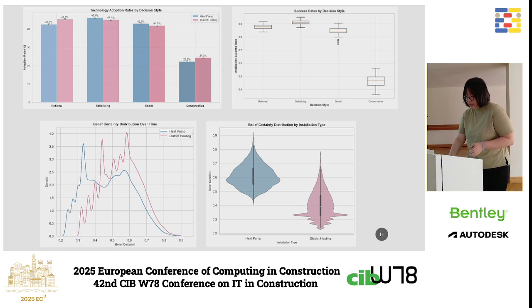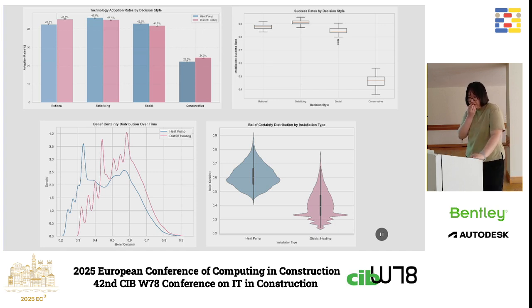Social households adopt even more, but their success dips slightly, reflecting some peer pressure effects. Conservative households adopt the least and succeed only about 60% of the time, which also reflects that waiting too long means rebates expire, and the learning is lost.